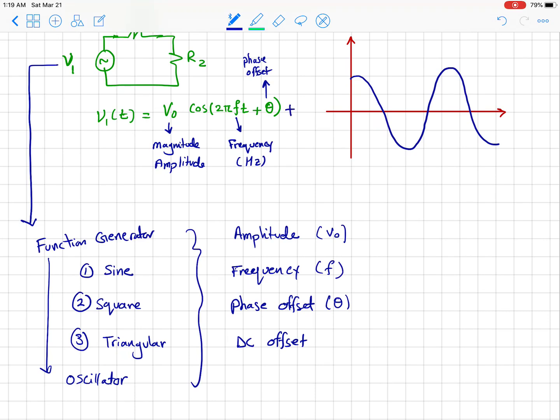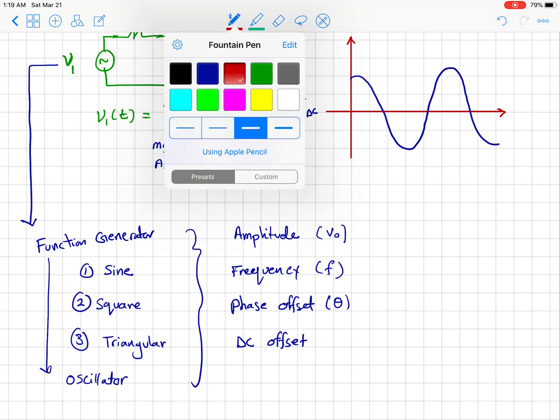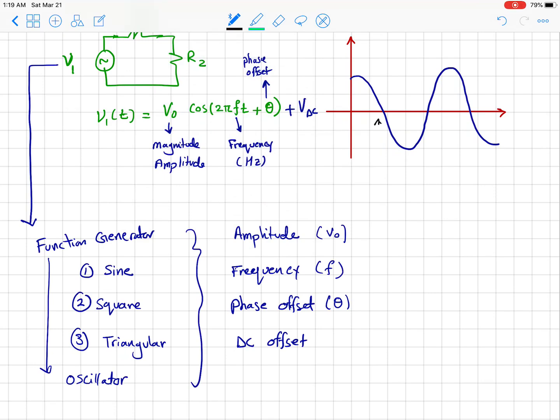So this is not the general form. The general form is we have to add something called VDC. If VDC is 0, it means that the average of this sinusoid will be 0. If the DC component is not 0, let's say VDC is positive, then this curve will go up by VDC.